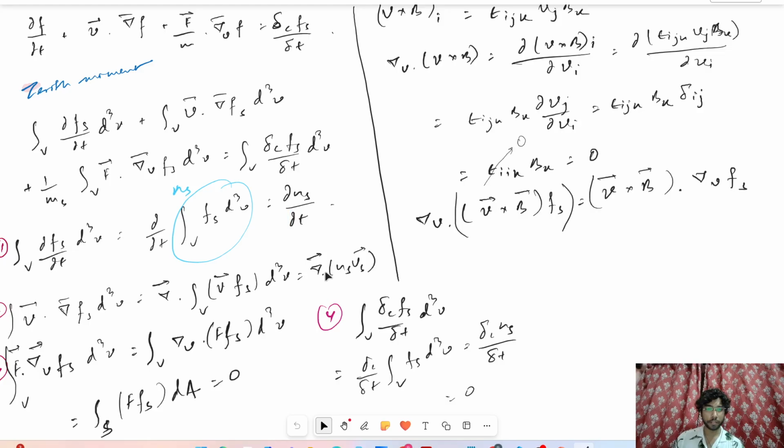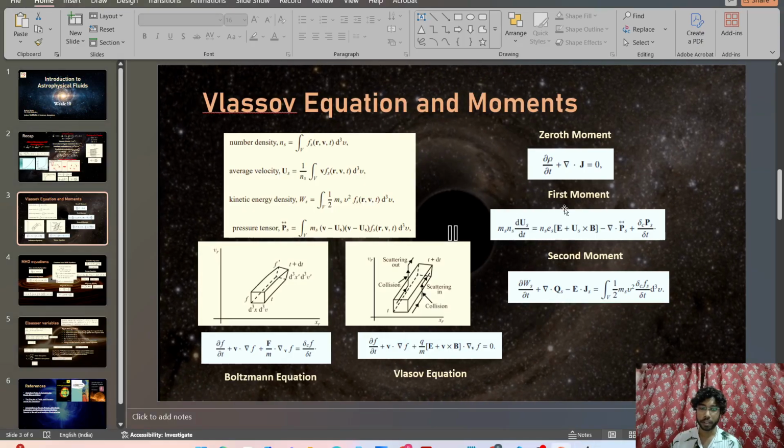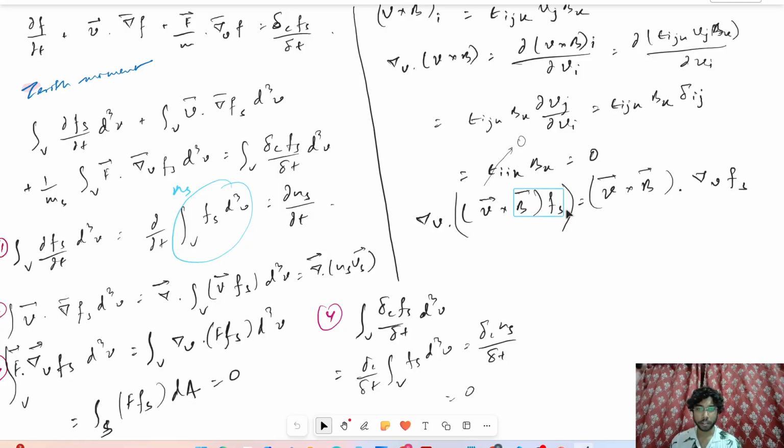What we are left with are the first term and the second term, right? And if you see, this will just give us the desired equation, right? So del rho over del t. Rho is just mass times the number density, right? Let me just write it down for completeness. So rho is ms ns. If you multiply ms with this, you'll get del rho over del t, right?